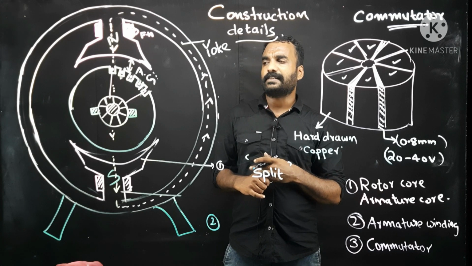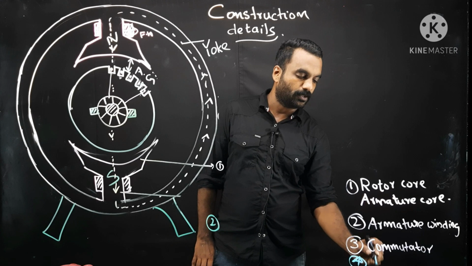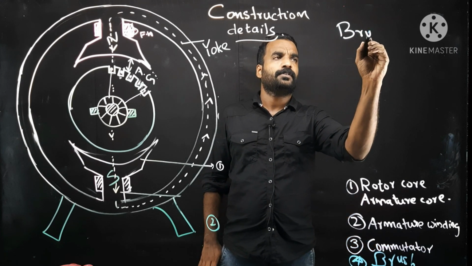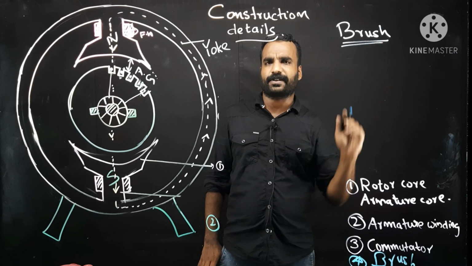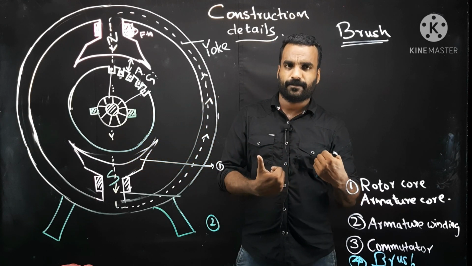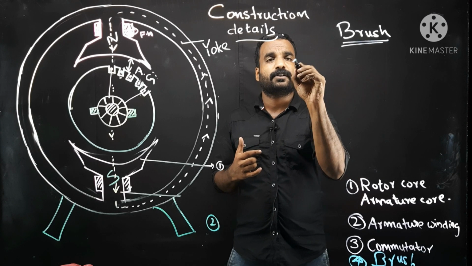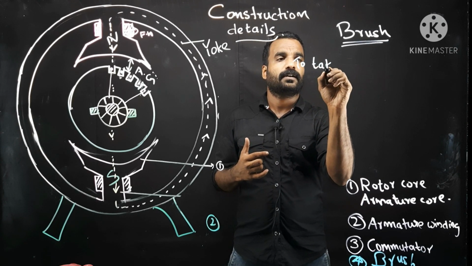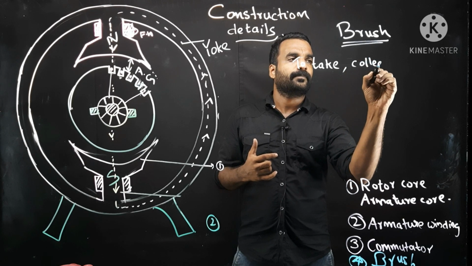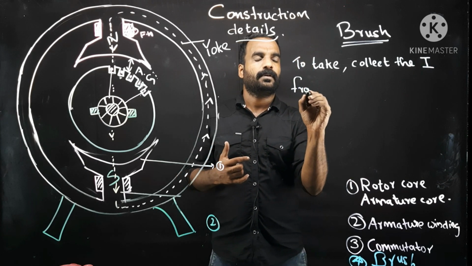Okay, now the last component, that is brush. The fourth component on the rotor side is brush. So, what is the function of brush? If it is a generator, we have to take the current towards the load. So, function of a brush in a generator is to collect the current from commutator.